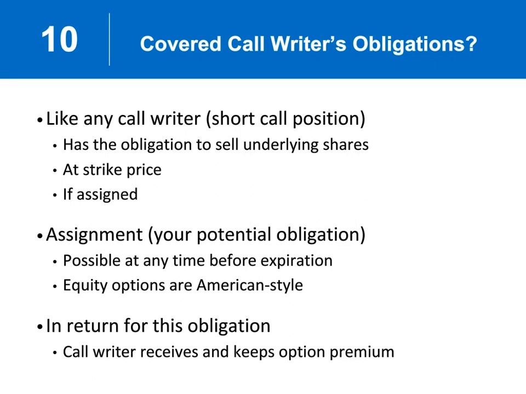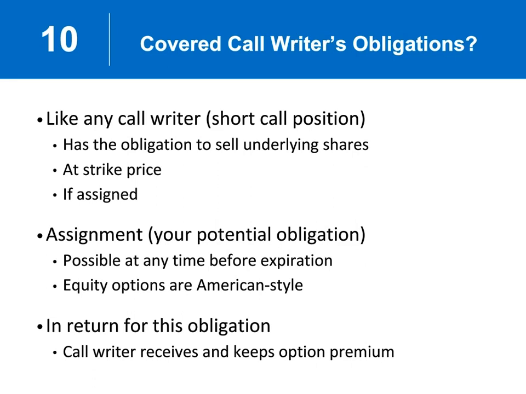But when we think about this as a practical matter, I really believe that the vast majority of the time, you can really anticipate when you're going to be assigned. And it's really pretty straightforward. You're going to be assigned when there's no premium left in the option, so that the owner of the option isn't giving up premium by exercising. The other case is a dividend.